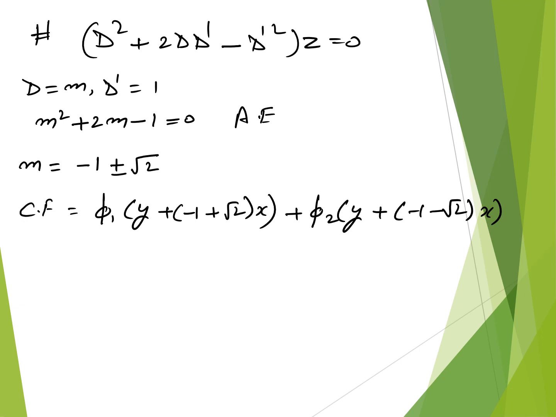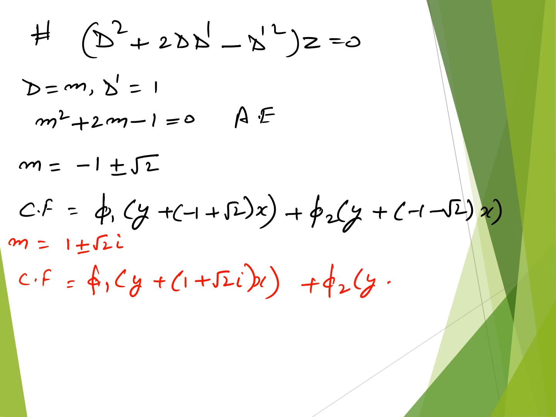If m is equal to 1 plus minus root 2 iota, then the CF will be phi1 of (y plus (1 plus root 2 iota)x) plus phi2 of (y plus (1 minus root 2 iota)x). We use the complete complex number in place of the root.